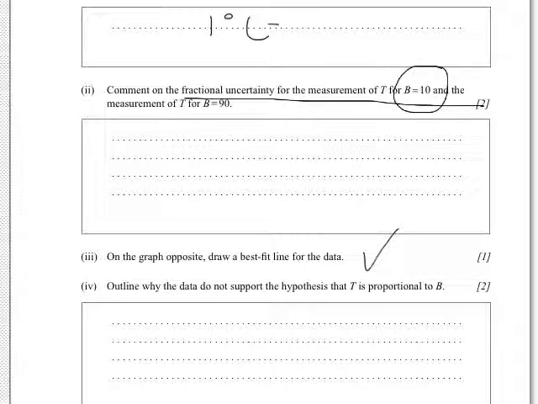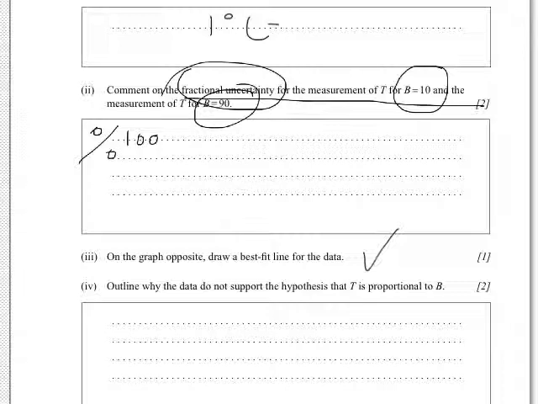For B is 10 and B is 90. Now remember, fractional uncertainty is simply uncertainty expressed before you work out the percentage uncertainty. Before you multiply times 100, you actually already have the fractional uncertainty. So let's have a look at these 2 points. When B equals 10, T equals 14 degrees.